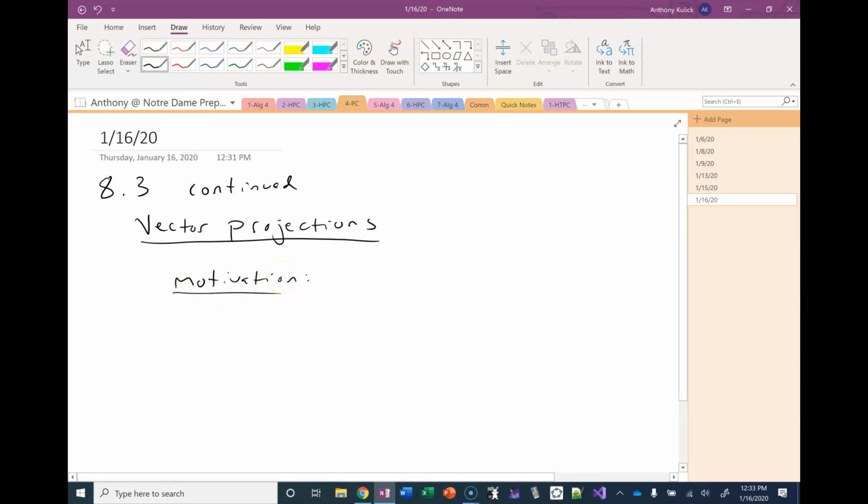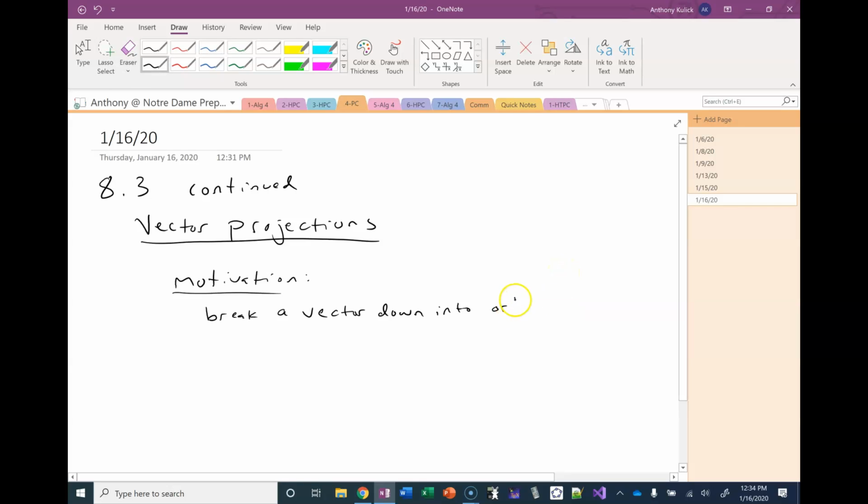So what we're trying to do is be able to break a vector down. Maybe I should say A here instead of the. We want to do this, breaking it down into orthogonal components.